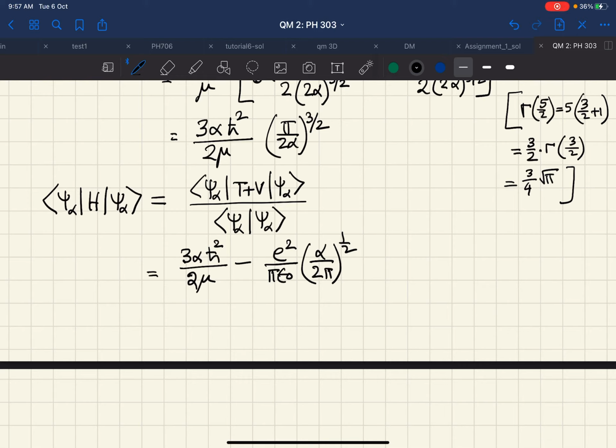Again, by the same argument that we had given earlier in the case of the harmonic oscillator, for any general problem of solving quantum mechanical problems using the variational method, the minimum value of alpha required to minimize the expectation value of H should be obtained by solving this.